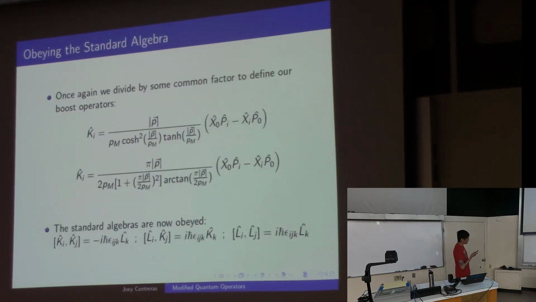Now, going through, we find that once again, they don't entirely satisfy the algebra, but it's by a common factor, which we just divide through by, and suddenly these right here will satisfy all the standard algebras. That's really the big thing here: the standard algebras can be obeyed by this choice of operators. Photon dispersion can be avoided, and so on. There are just lots of benefits to them.